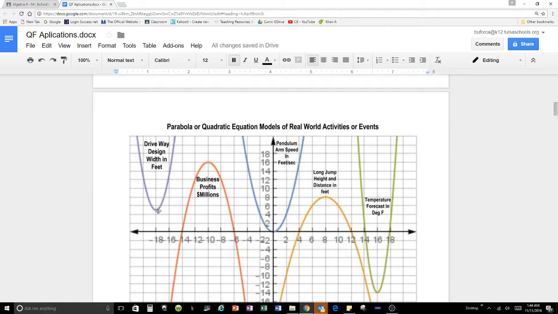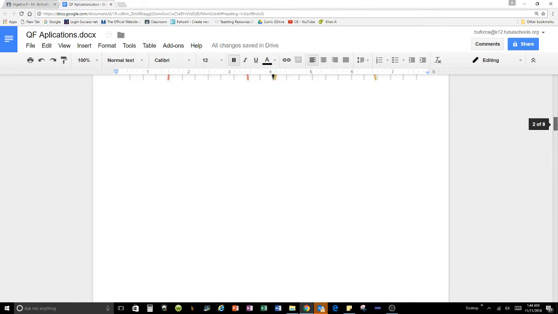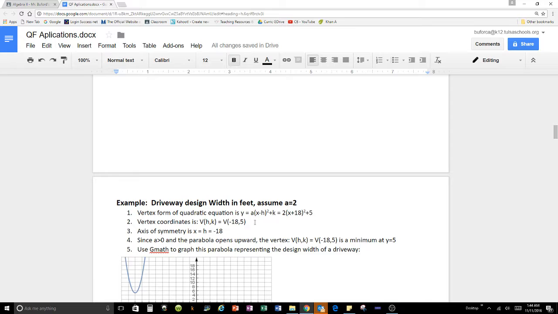Then we look at how far the vertex has been shifted either left or right from 0. And here it's been shifted left, minus 18 units. Okay, so our h is minus 18 and our k is plus 5. So if we go back to our equation, you see if we put a minus 18 in here, the minus, and then the negative 18.